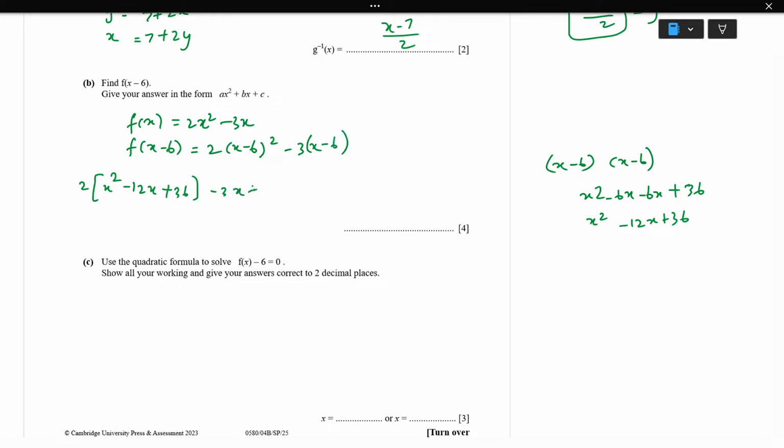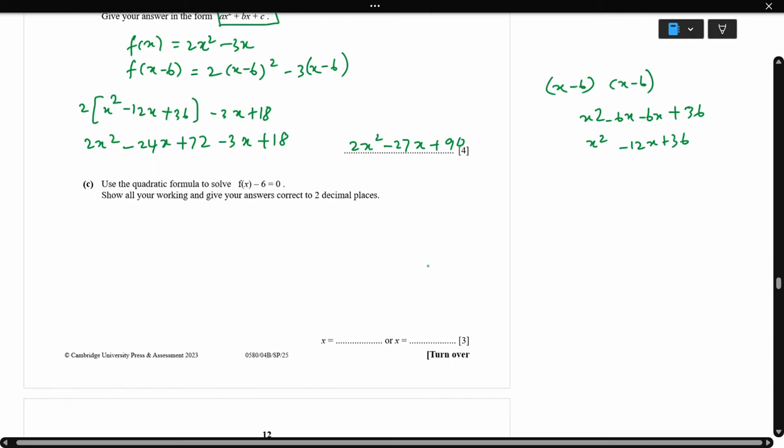So minus 3x plus 18. So 2x square minus 24x plus 72 minus 3x plus 18. Now x square, there is only one term, so 2x square and minus 27x and 72 plus 18, which is going to be 90. So we leave it in this form, the quadratic form.